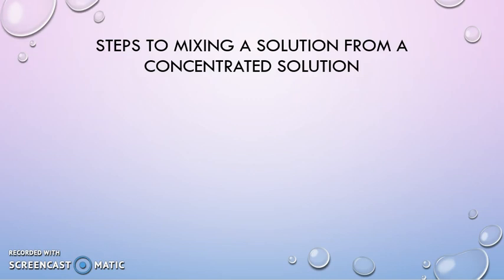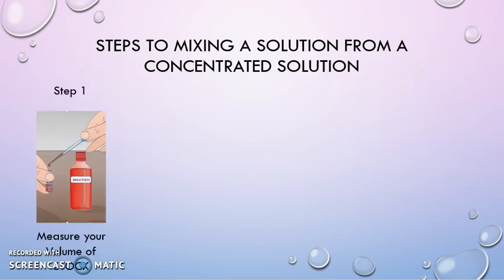So one more time, just to try and make sure that this makes sense, the steps for mixing a solution from a more concentrated solution. First of all, you have to measure out a specific volume of that stock concentrated solution. Remember the equation for calculating that is M1V1 equals M2V2. And the volume of the stock solution given in the problem never matters.